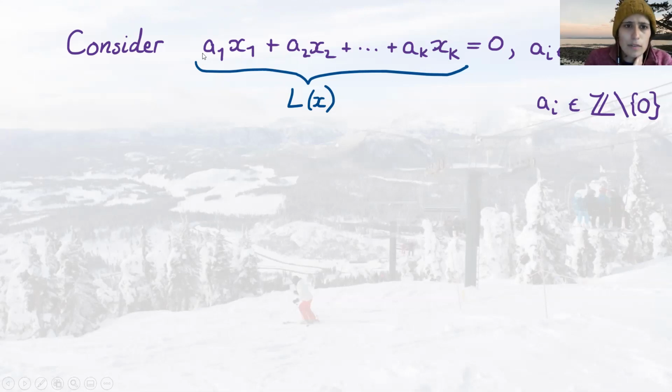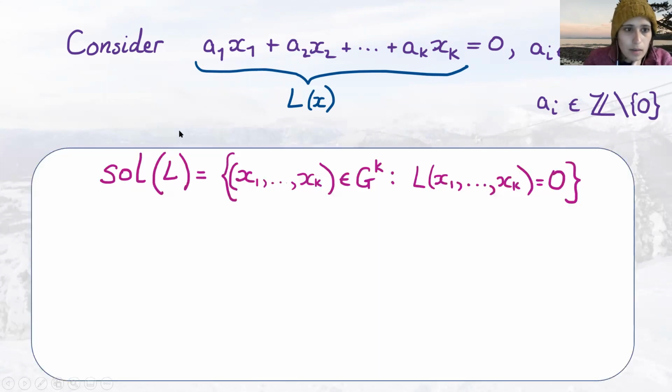And our coefficients a_i, you can think of them as being either non-zero members of your favorite abelian group or just non-zero integers. Once we've got this set up, we can define the solution set of the equation to be the k-tuples. Imagine you've picked your coefficients inside this group. It's just the k-tuples in this group that solve the equation.